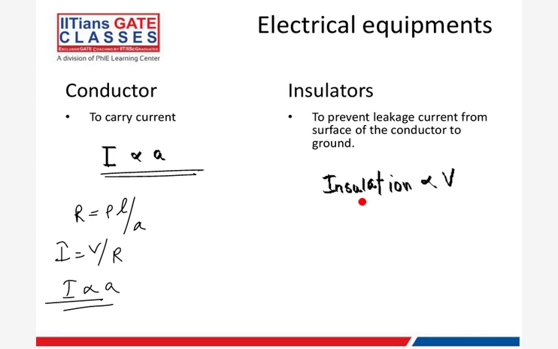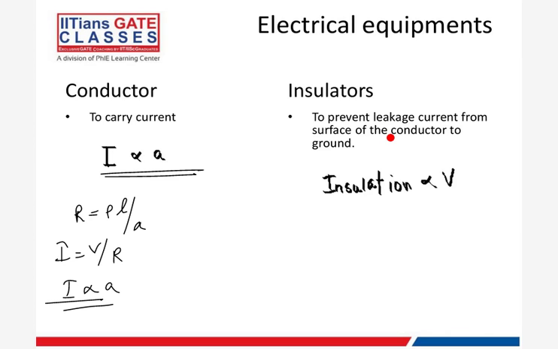The purpose of insulation is to prevent any leakage current between the surface of the conductor and the ground. The conductor is at one potential and ground is at zero potential, so there is a potential gradient. Even though air is a very good insulator, if the voltage is sufficiently high, the air in between can break down.